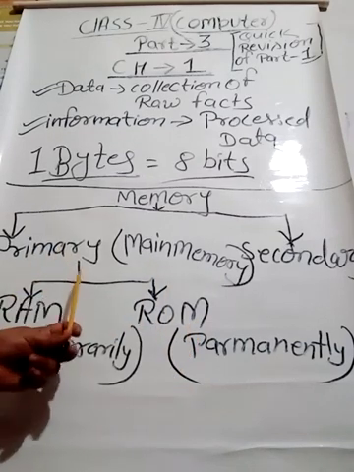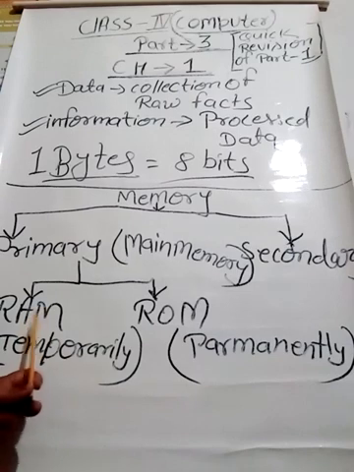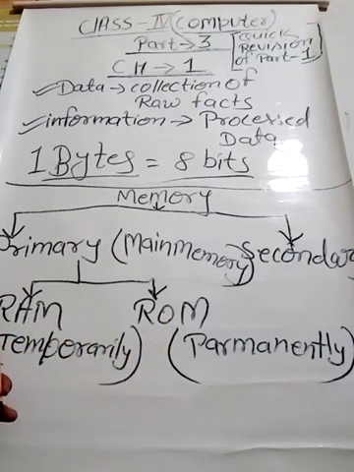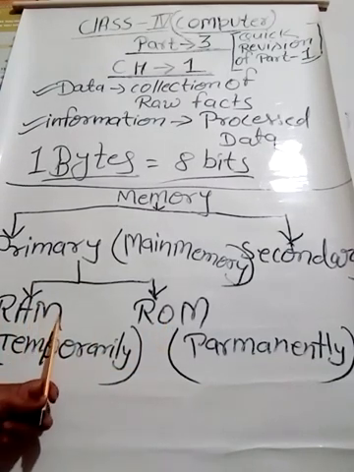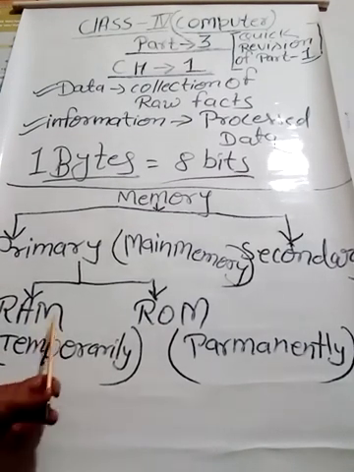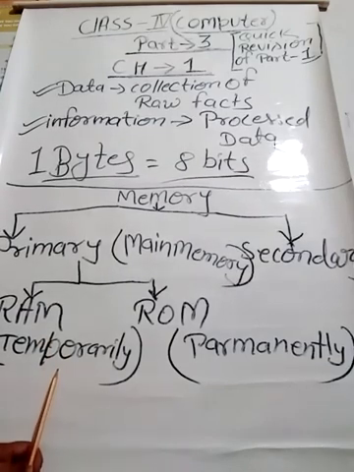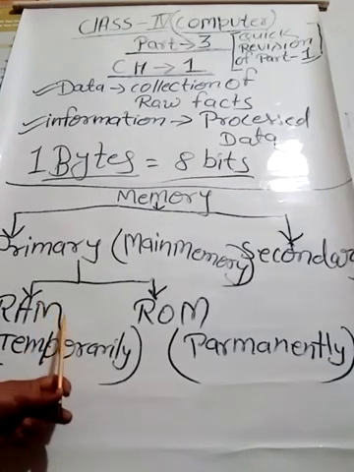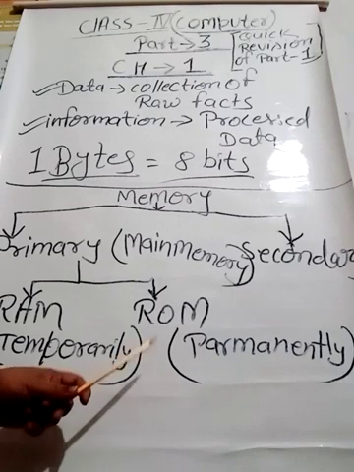RAM stands for random access memory. It stores the data temporarily. Temporarily means once the computer is switched off, the data is deleted.